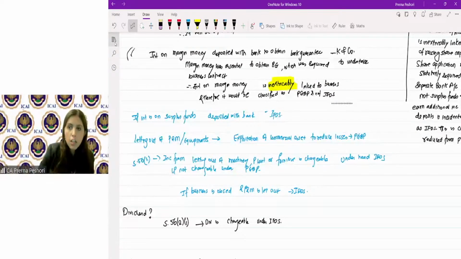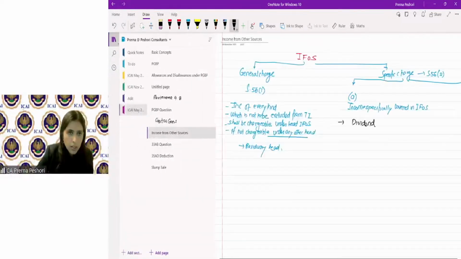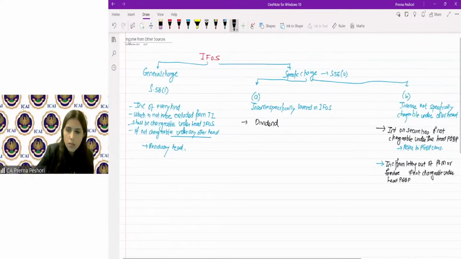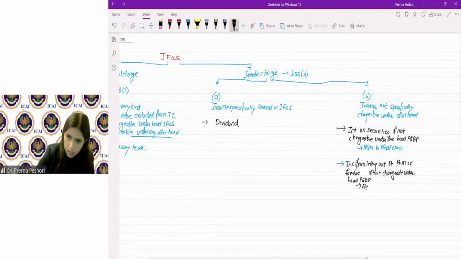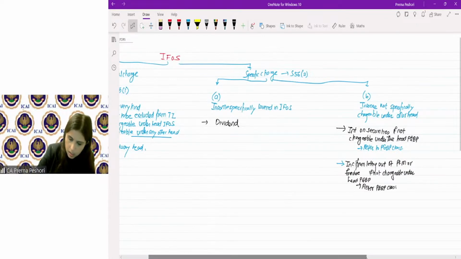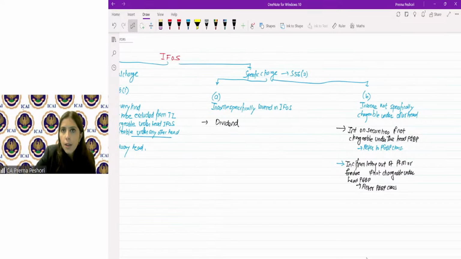Refer PGBP class. So if I've closed the business and then let out the machinery, then it is no more a commercial asset, so obviously it will be under income from other sources. Refer PGBP class.